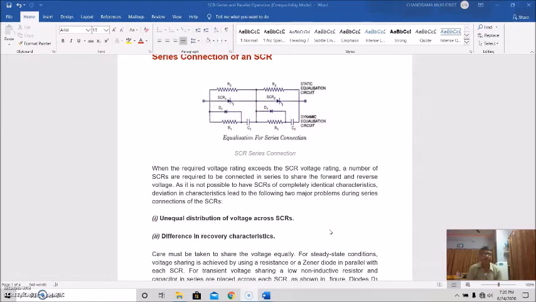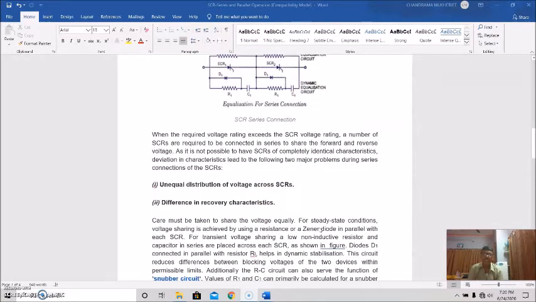In that case also we have to face problems, since completely identical characteristics are not possible. The major problems due to deviation in characteristics during series connections are unequal distribution of voltage across the SCRs and differences in recovery characteristics.